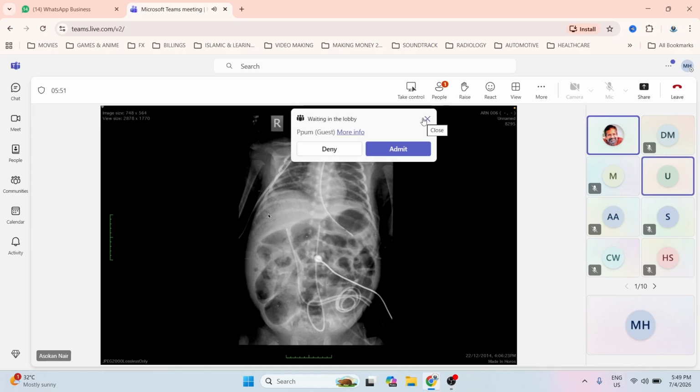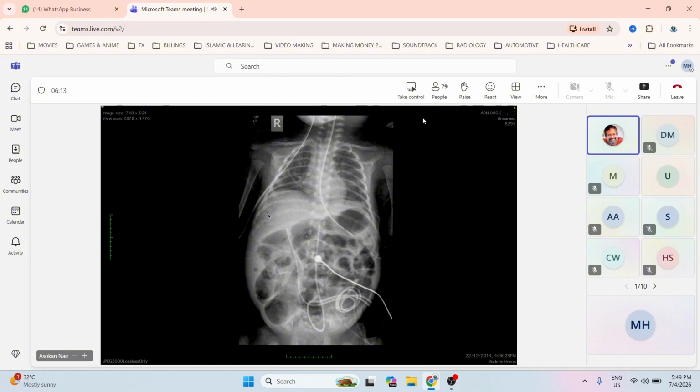All right. Like in this case, they are not normal. So of course, then you say, and you can actually just say the lines and tubes are not in satisfactory position. If the examiner wants to further ask you, so what's the normal good position and all that, then you elaborate, okay? Because the main test of this film is for the NEC, you see, not so much for the lines and tubes, all right?